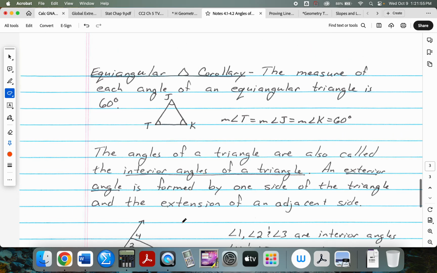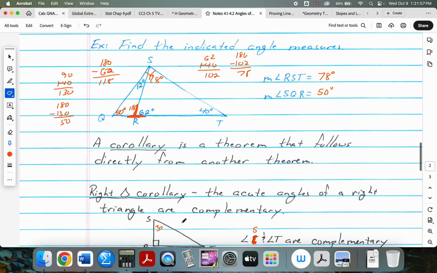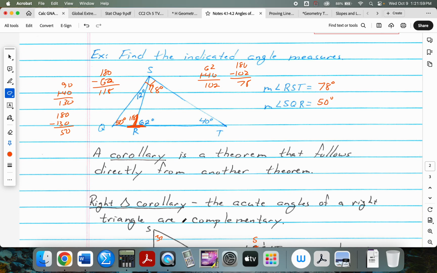Now I want you to notice one other thing. I'm going to go back to this diagram for just a second. See this angle right here that's 118? Everybody add 78 and 40. It's 118.